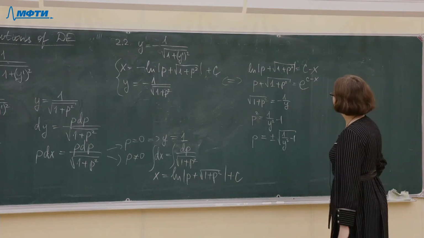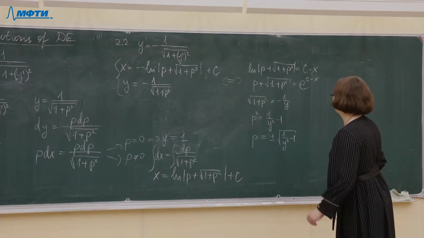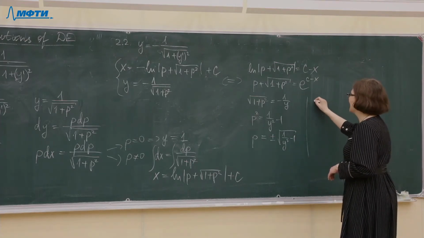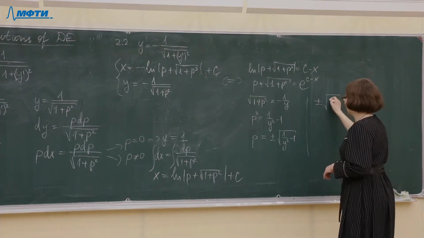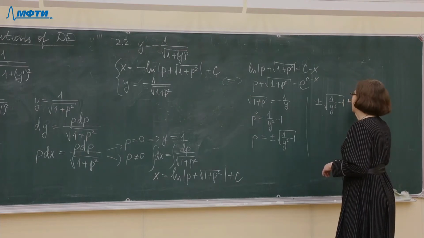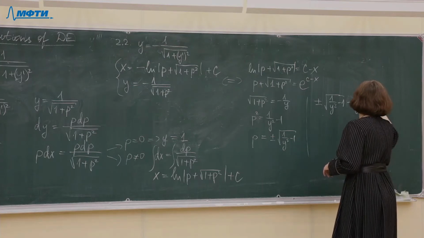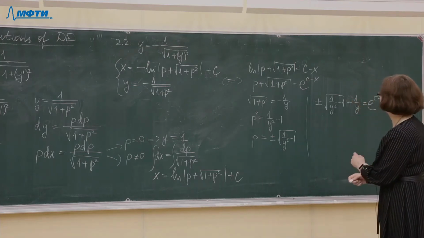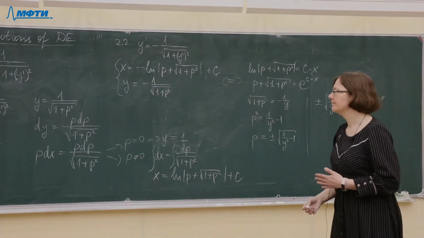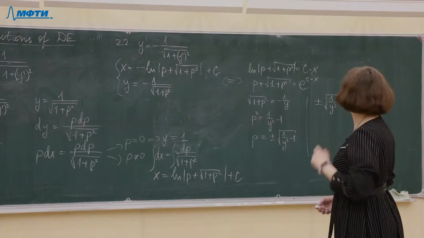Okay. So too complicated example. Now we should substitute it here: plus or minus root of 1 over y squared minus 1 minus 1 over y equals e to the power c minus x. Right, so this is the general solution. And our particular solution is y2 equals negative 1.